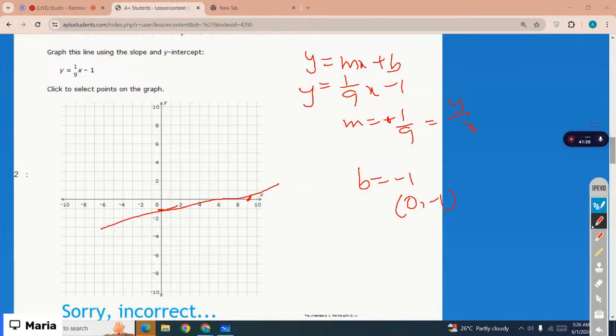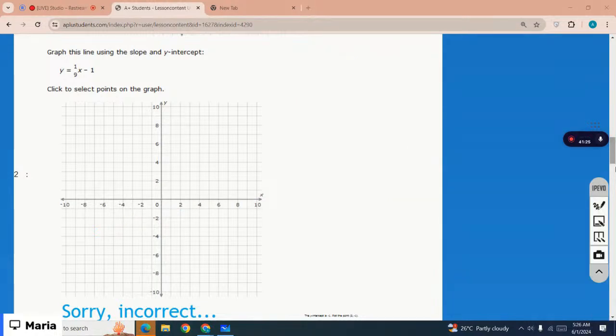Okay, so the next example is... what's wrong with the page? Okay, hold on.